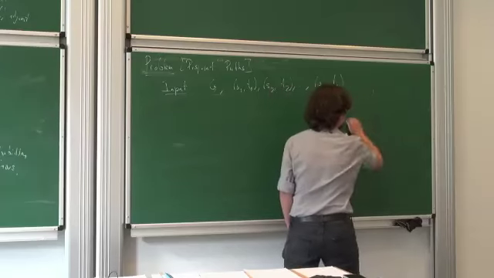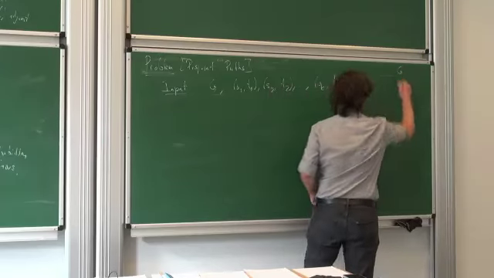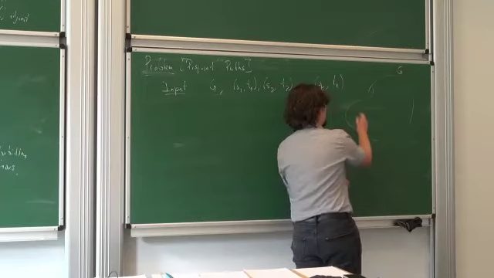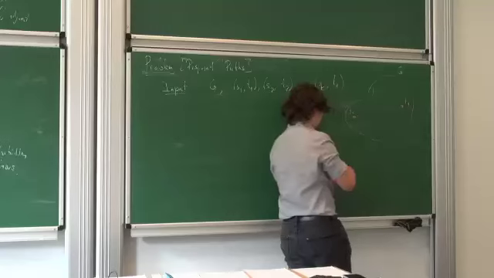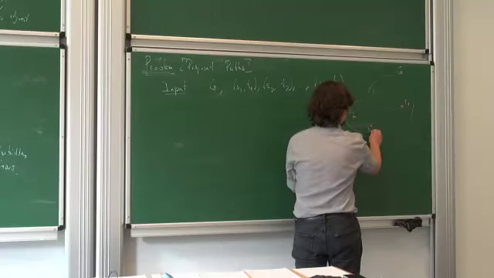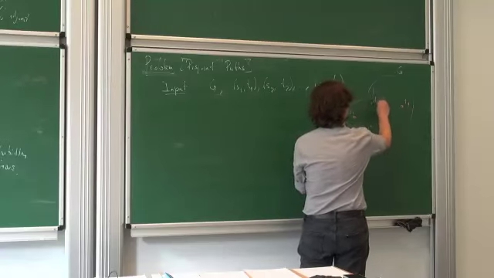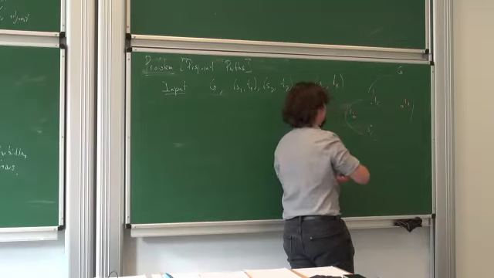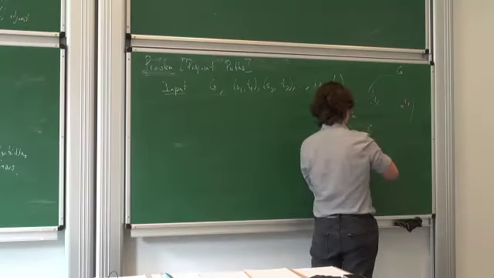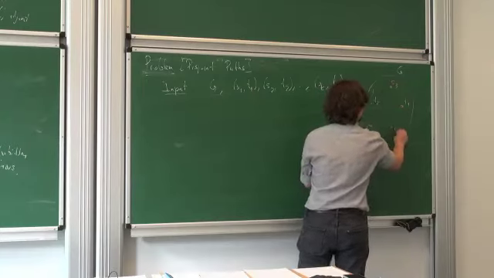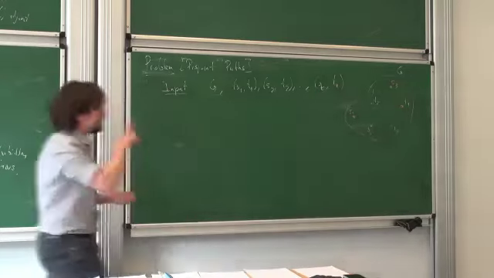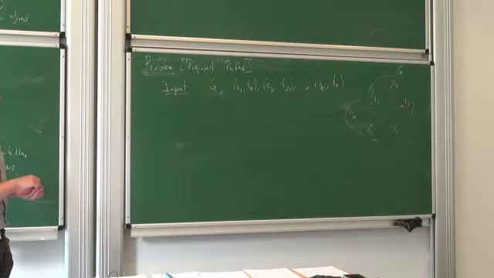Maybe I will draw here an example. Here is my graph G, and maybe I have here a first terminal pair, S1, T1, maybe here a second terminal pair, S2, T2, and maybe a third terminal pair, S3, T3. And the task is to connect those terminal pairs by paths that do not cross, that do not intersect.